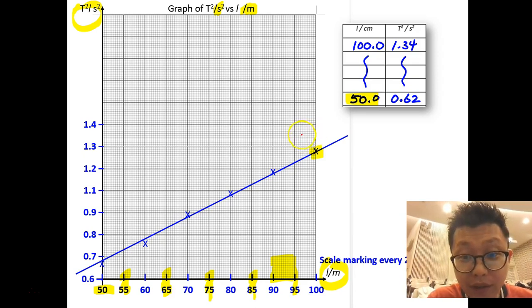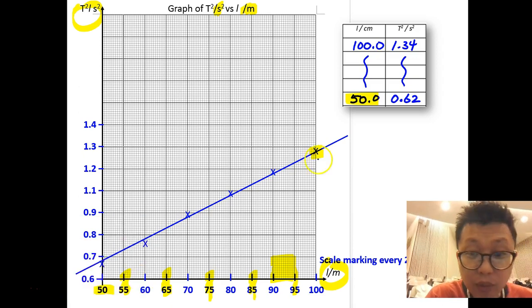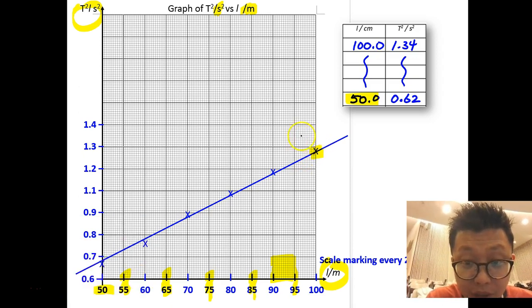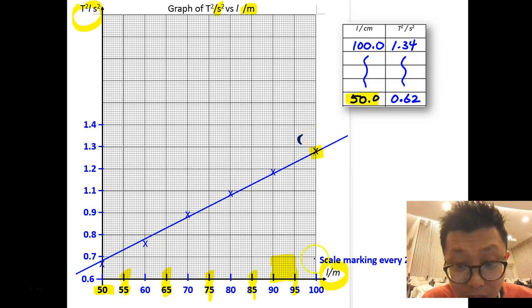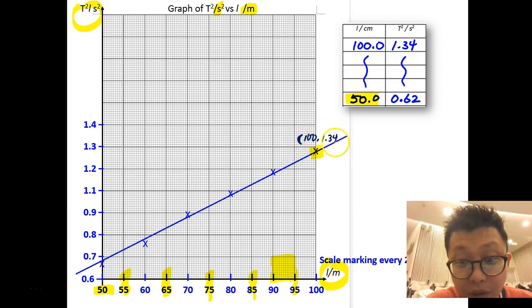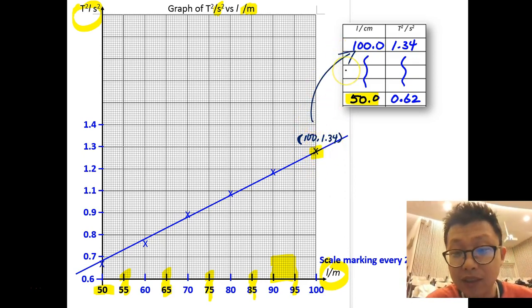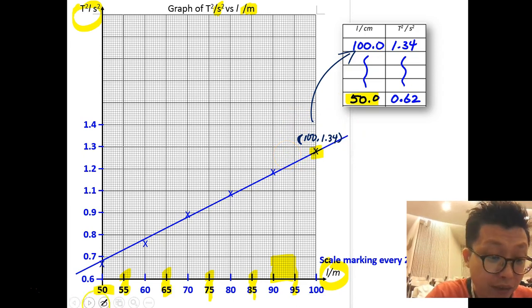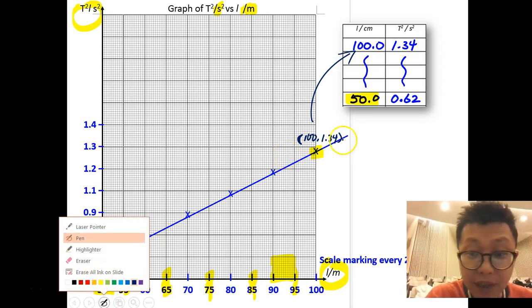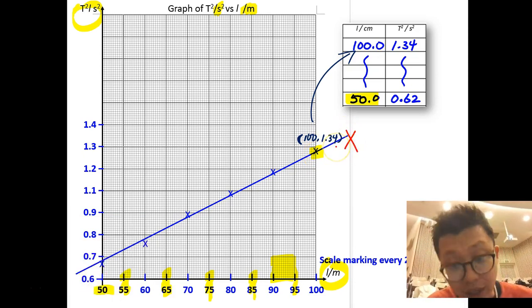You cannot, if what you have done is this, let me change the color. So what happens is that, oh, you got this point is very near. Okay, let's use this point as my gradient calculation. So I got 101.34. You notice that when I choose this, it is the same as this. This is considered using experimental data. Okay, if you do this, I will have actually marked you wrong. Okay, you cannot do that.